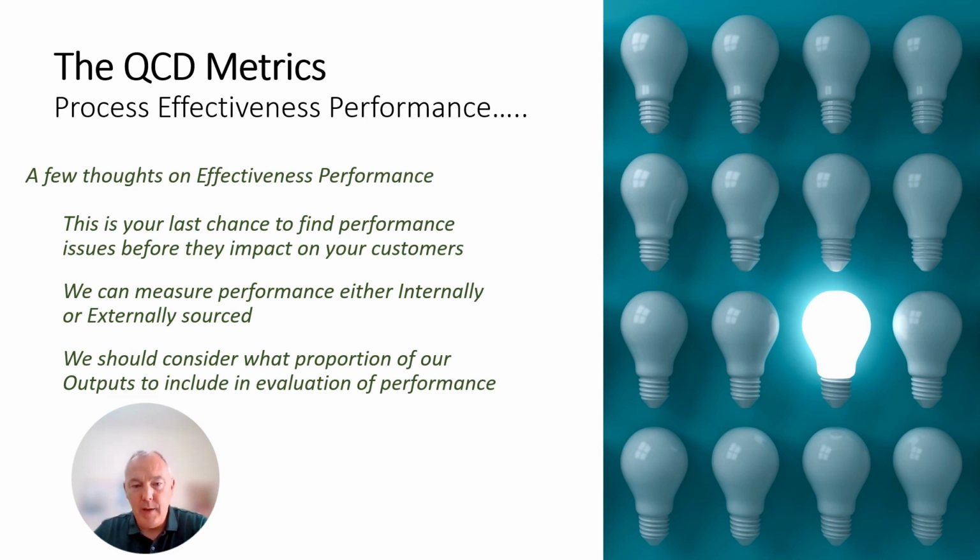Before we move off the effectiveness performance metrics, it's worthwhile making a couple of points here about their significance. The measurement of delivery and quality performance is our last chance to identify performance concerns before they've actually impacted on our customers.